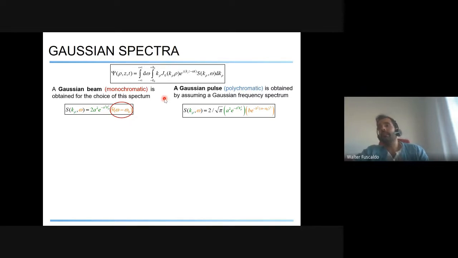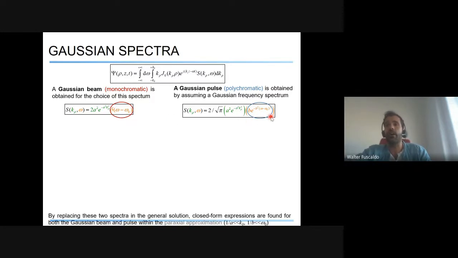For the Gaussian pulse, that is the polychromatic version of the Gaussian beam, we also assume that the frequency spectrum has a Gaussian shape, as is shown here with this orange color. So instead of having a delta Dirac function with respect to the frequency, we now have a Gaussian envelope.